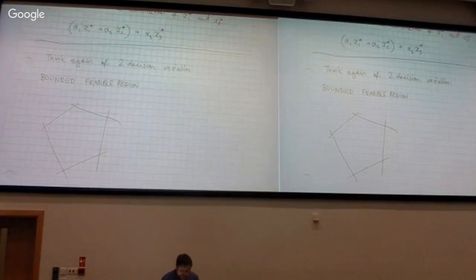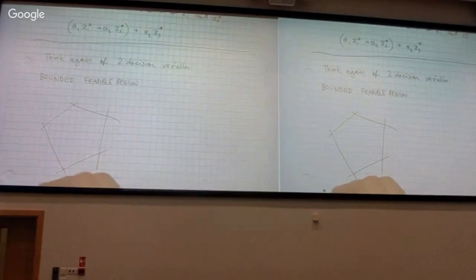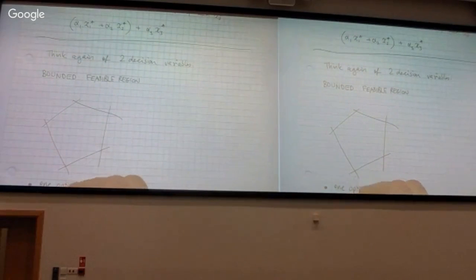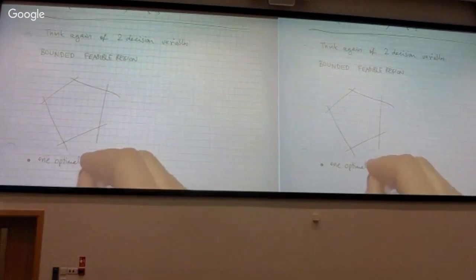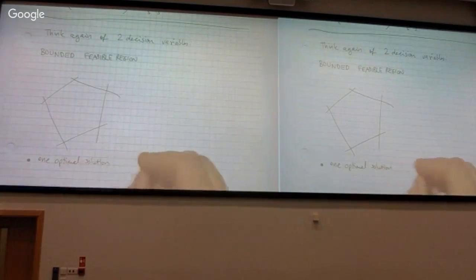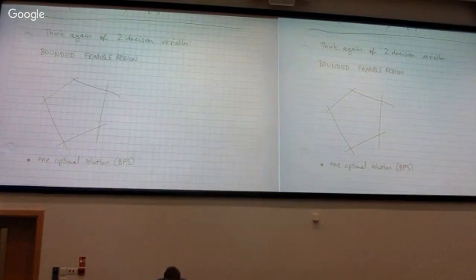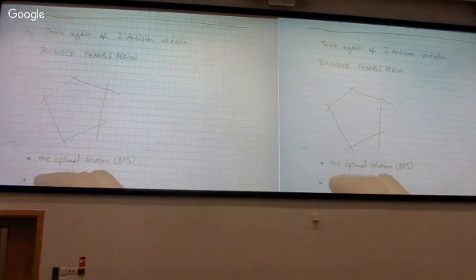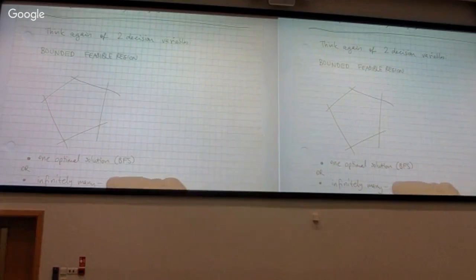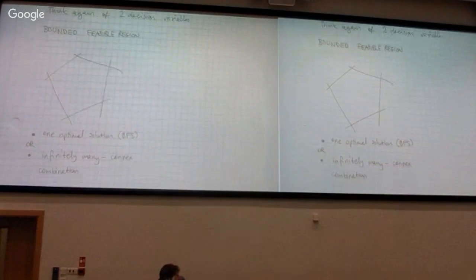Then either you have one optimal solution, and then necessarily there has to be a basic feasible solution, or you have infinitely many, and then they form convex combinations of 2 optimal basic feasible solutions.